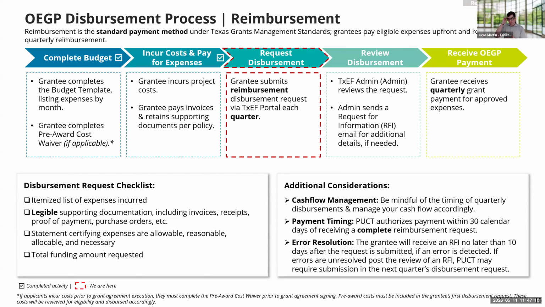I do want to note here, the second bullet on the bottom right, that following Texas grants management standards, you can anticipate being reimbursed 30 days after receiving a complete reimbursement request. And I just want to emphasize the complete reimbursement request. If there's an additional RFI needed to remediate or resolve any of the issues we've noted in our reviews, it will restart that clock.